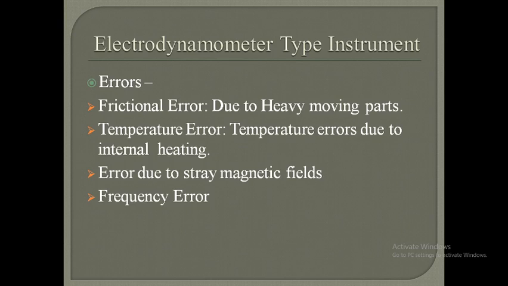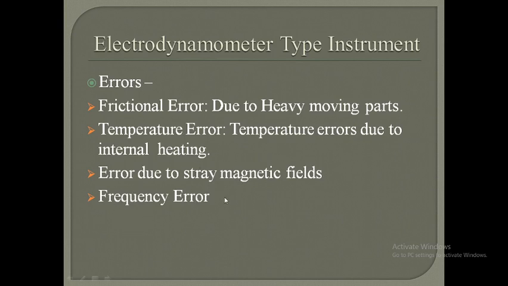So there will be a change in the magnitude of the reactance of the coil due to the current flowing inside the coil, which causes the error in the frequency.